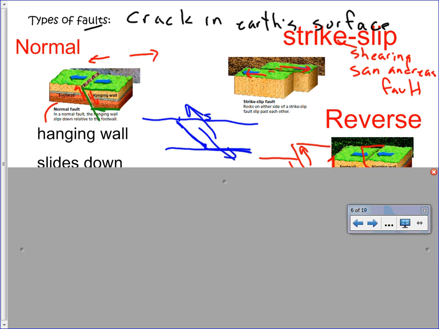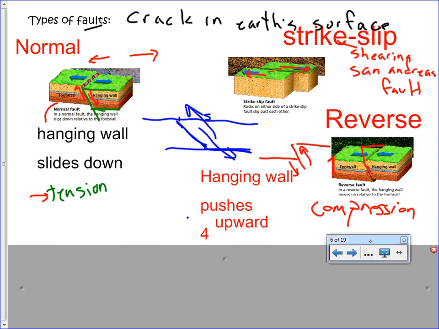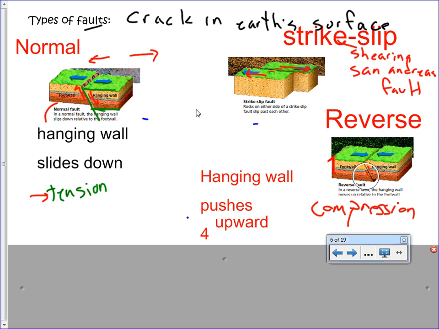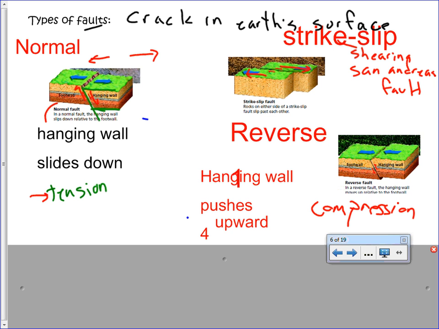And then finally, the reverse fault. The main difference between the normal fault and the reverse fault is that instead of moving apart, in the reverse fault, they're being pushed together. Because they're being pushed together, one of the walls gets pushed up over the other one.